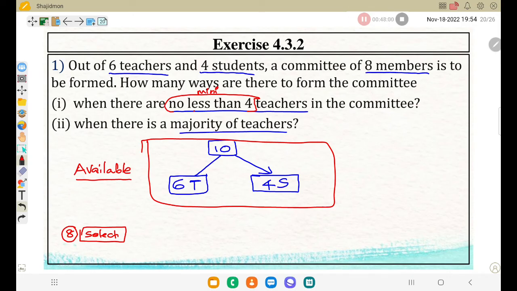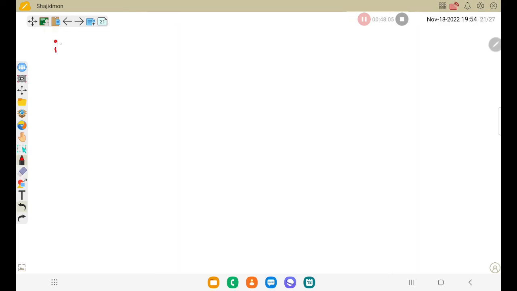Totally 8 pupils, so what combinations can you think of? I will answer the first part of the question. Number of ways equals minimum 4 teachers should be in the committee. I'm just writing the possibilities first.